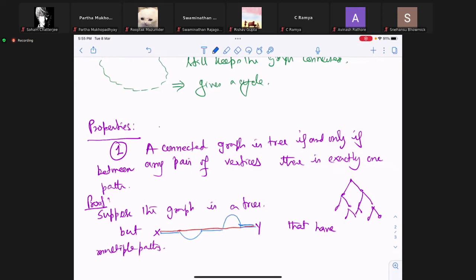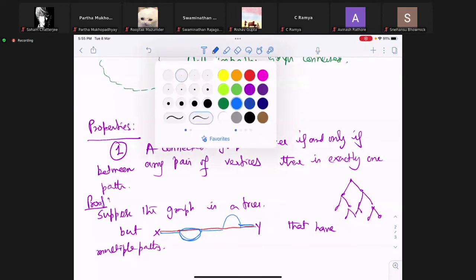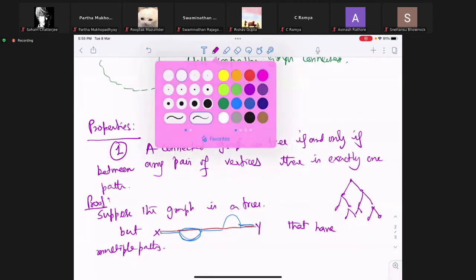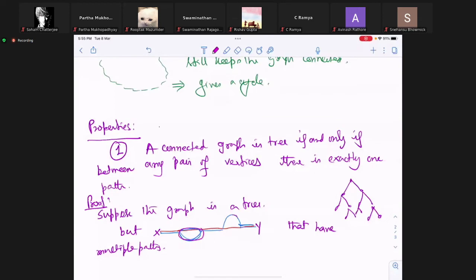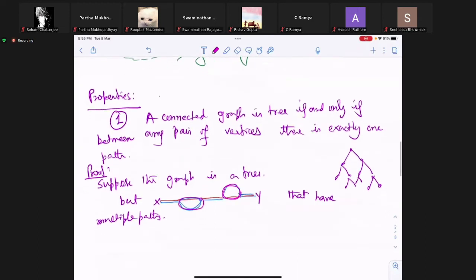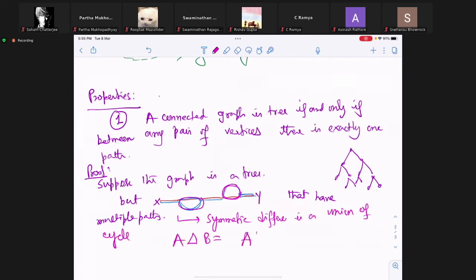So this is the symmetric difference, right? Can you see that? Symmetric difference is a union of cycles. Symmetric difference of two sets means what is in A but not in B, union what is in B but not in A.